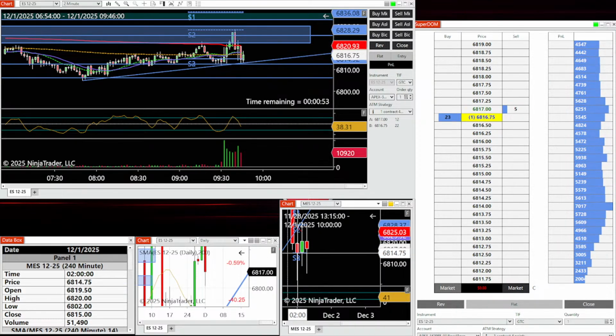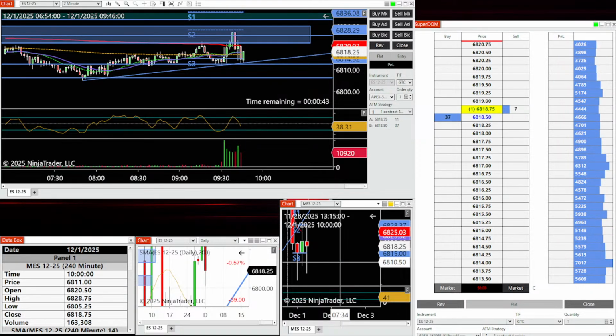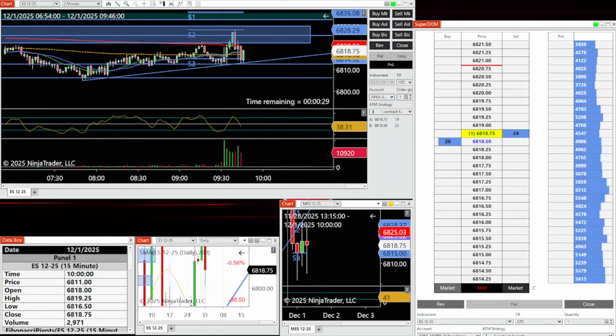The 15-minute bar opened up. Nothing so far.